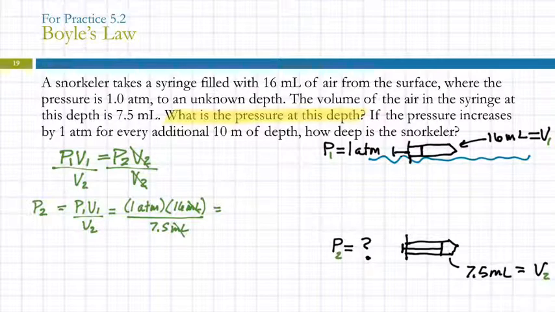So I get out my calculator, and it's 16 divided by 7.5. And it's telling me 2.13333. Well, I should really only have 2 significant figures. So I'm going to say the pressure there is 2.1 atmospheres. Any questions?